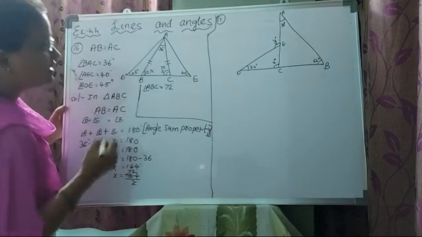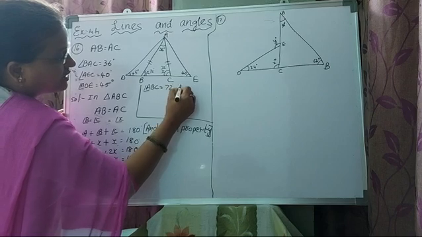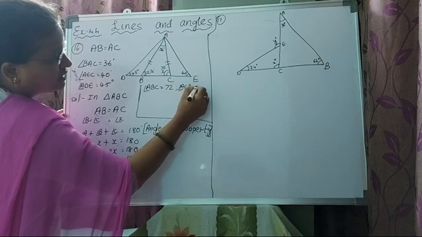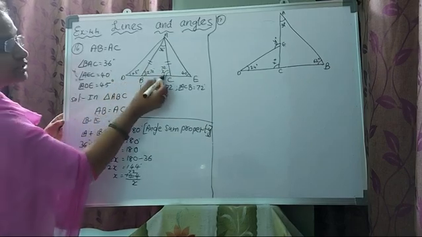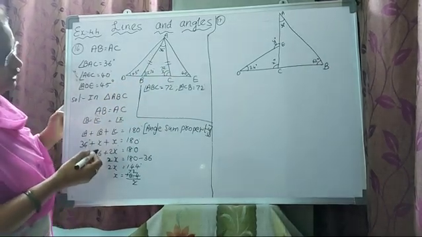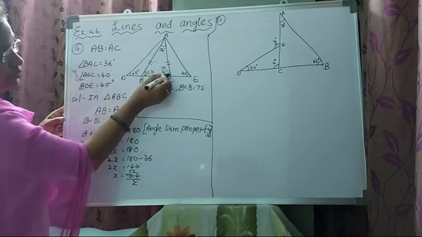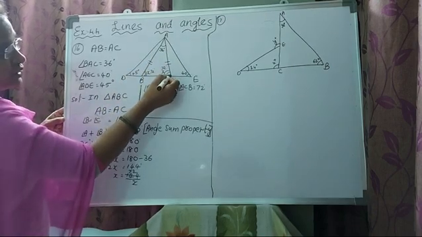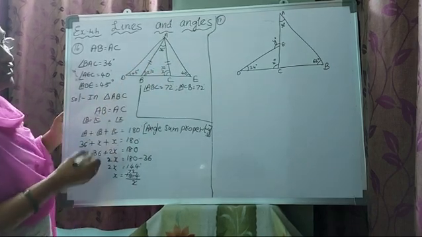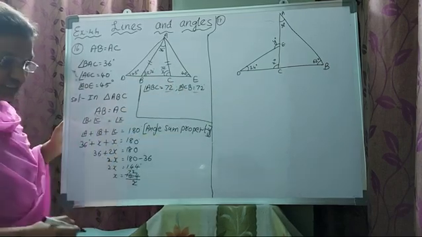Again angle ACB is equal to 72 degrees. If two sides are equal, their corresponding angles are also equal. AB is equal, so its opposite angle is angle C. AC is equal, so its opposite angle is angle B. So these two angles are equal. Those are 72, 72. That is proved.